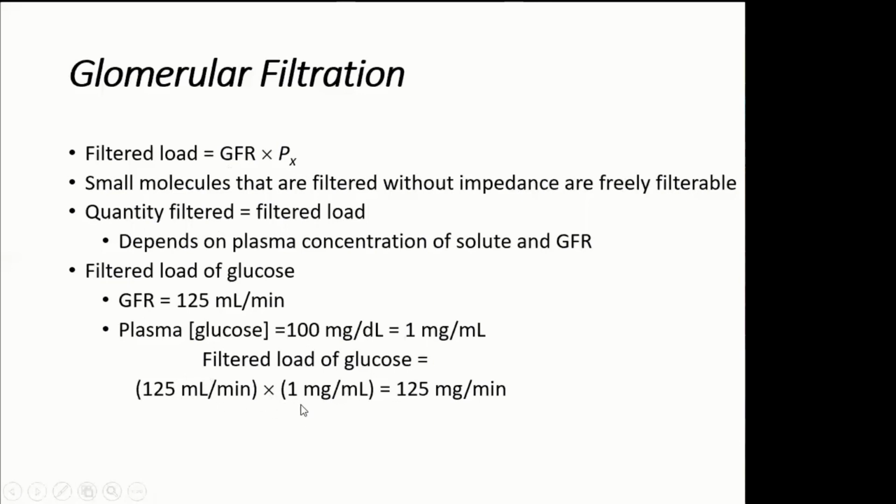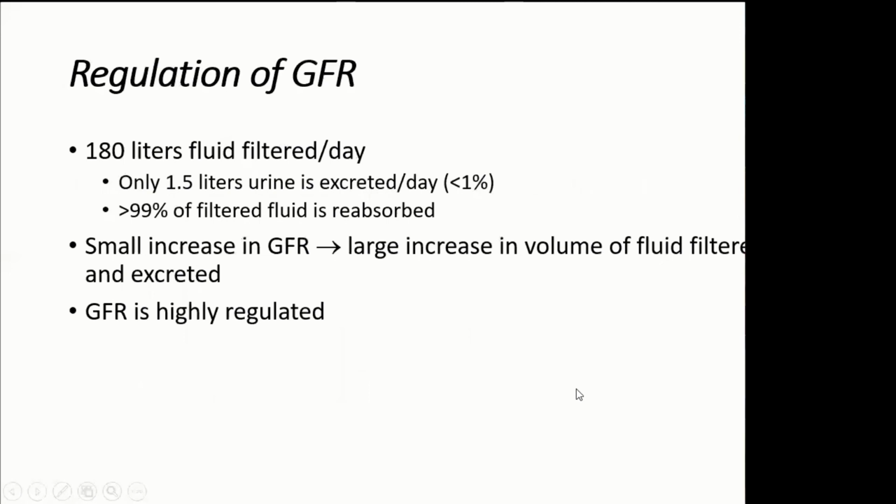We just multiply that across, and we get 125 milligrams of glucose filtered out per minute. Now this gets more complicated if you have a concentration that is not 1, but it's going to work the same way no matter what solute we're talking about. We'll do the equation the same.